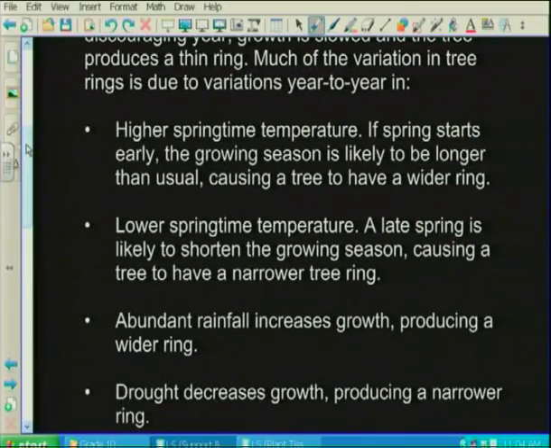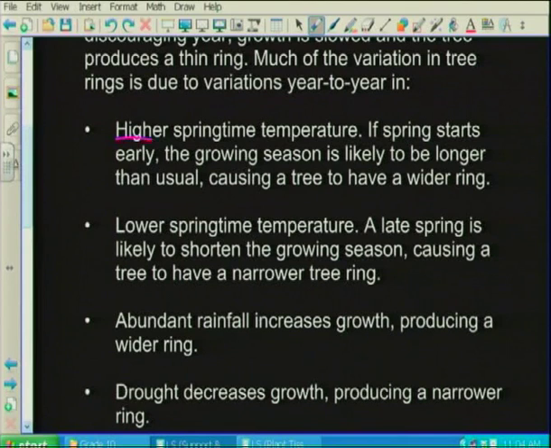So, encouraging conditions. This is when it is optimal for the tree to grow. When there's enough water and enough nutrients, then the tree adds extra tissues and it produces a thick ring. When conditions aren't optimal, the tree doesn't add as much tissue and it doesn't have as thick a ring. Now, what causes these variations?